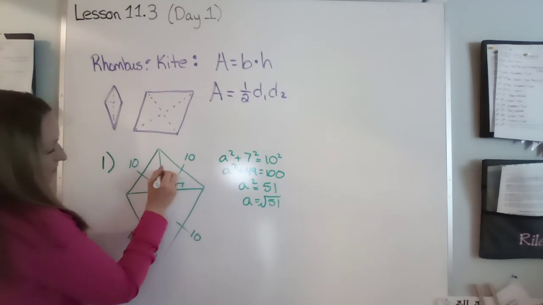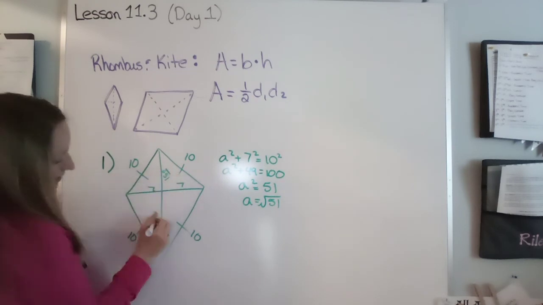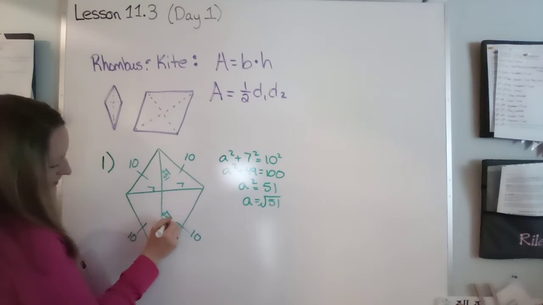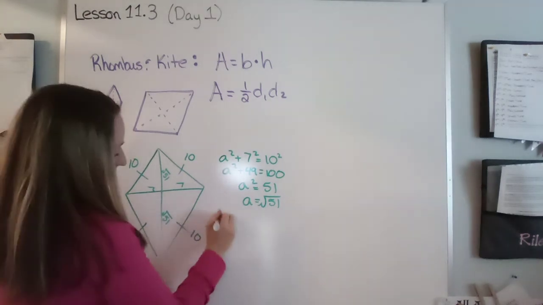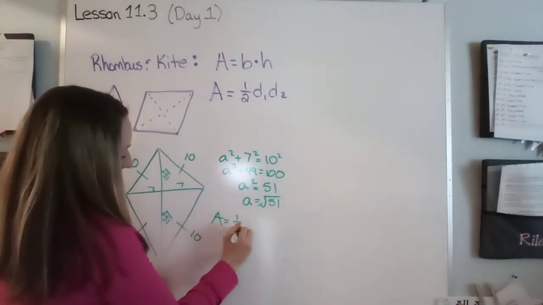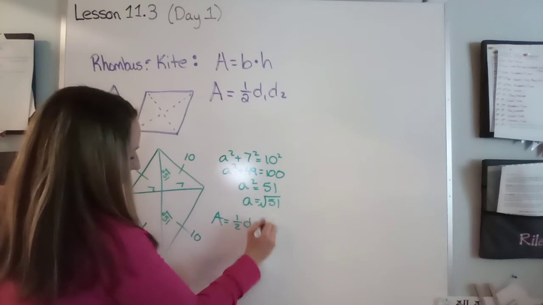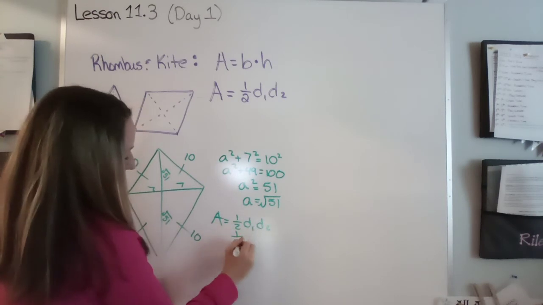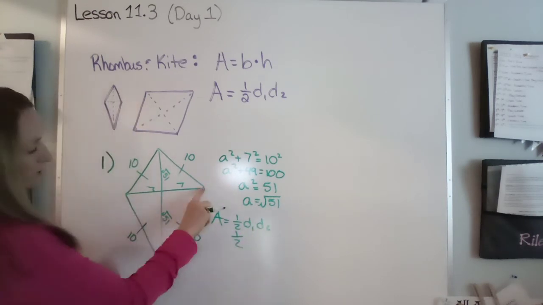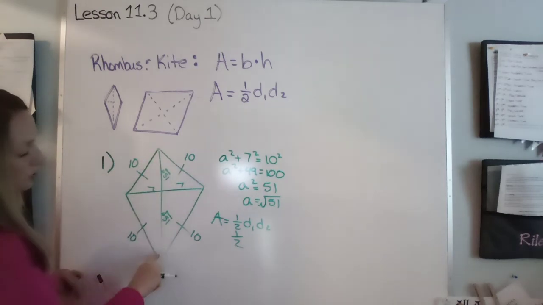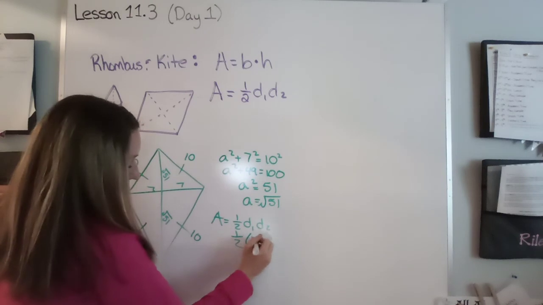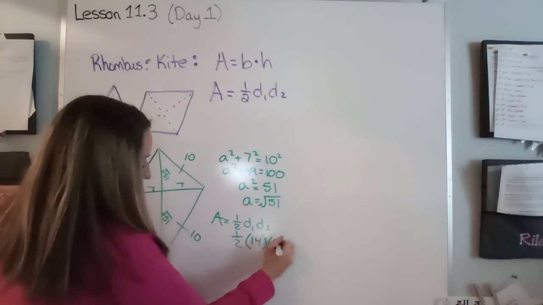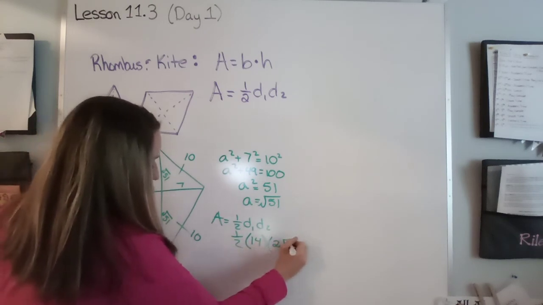I'm going to leave it like that until my next calculation. To find the area using 1/2 D1 D2, I have 1/2, diagonal 1 is 14 units long, and diagonal 2 is 2 times the square root of 51.